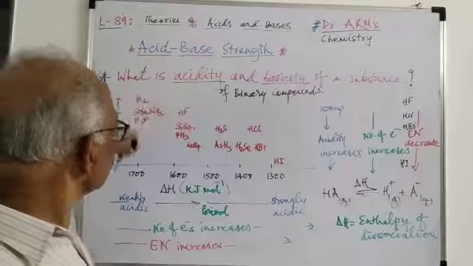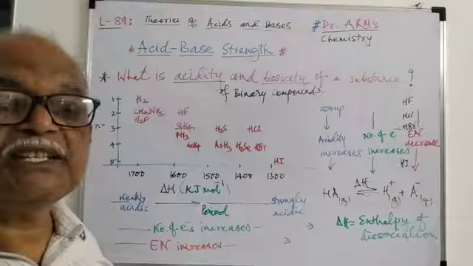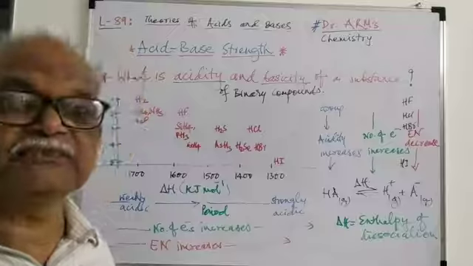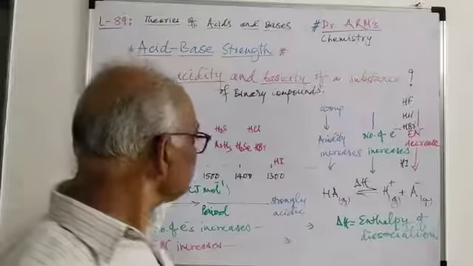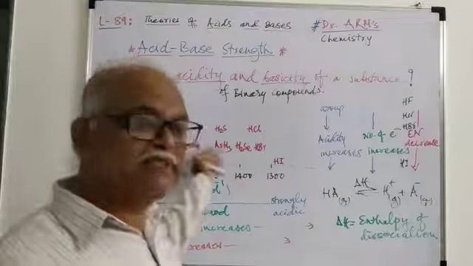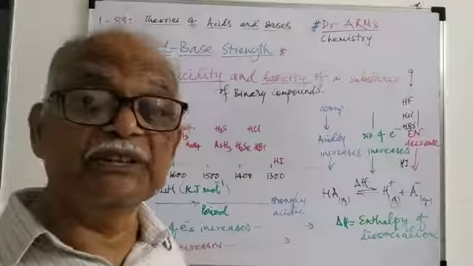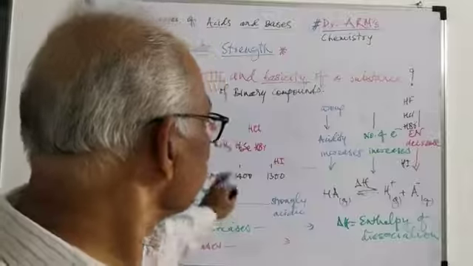As you move down the group, the acidity is found to increase gradually. Similarly, acidity also increases when we move from left to right along the period. So this trend is observed.